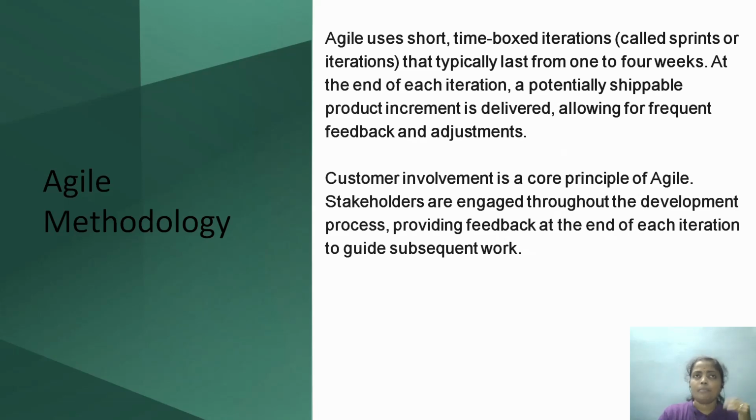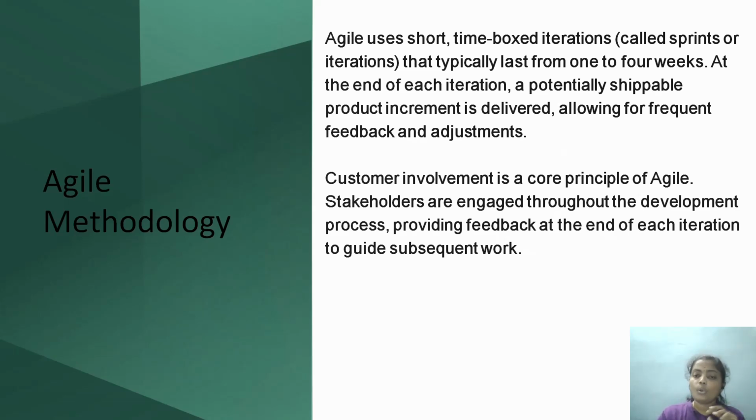So in Agile, we use something short, that is time-boxed iterations called sprints. That is going to deliver a product increment at the end, and it can last from 1 week to 4 weeks. At the end of each iteration, you have a potentially shippable product increment, allowing for frequent feedback and adjustments. Next, customer involvement is a core principle of Agile.